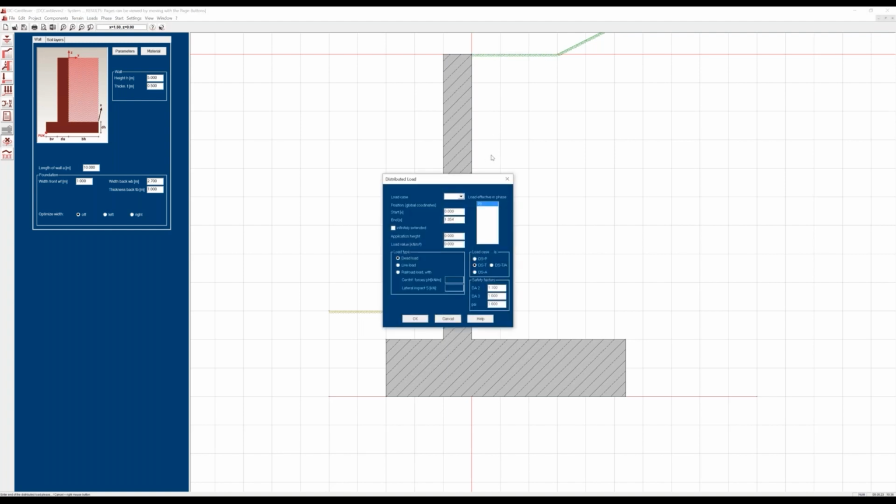So what you define here are load case combinations. That means that all the loads defined with the same load case name, for example, permanent plus variable, all loads with the same load case name are acting at the same time.